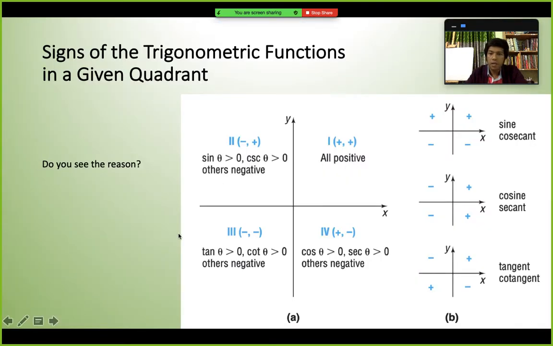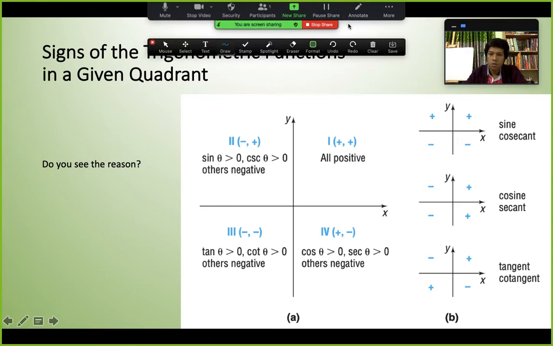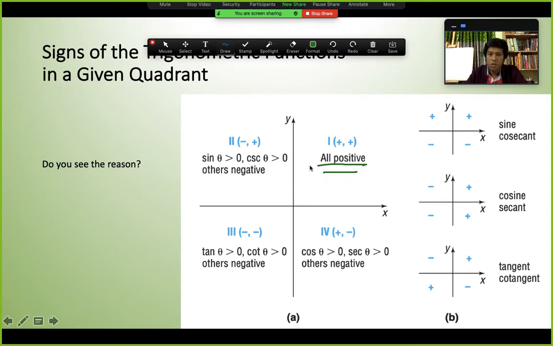These are the signs of sin theta, cos theta, tan theta, cosec theta, etc., in different quadrants. In the first quadrant, all are positive. In the second quadrant, sin theta and cosec theta are positive, or we can say just sin theta is positive.